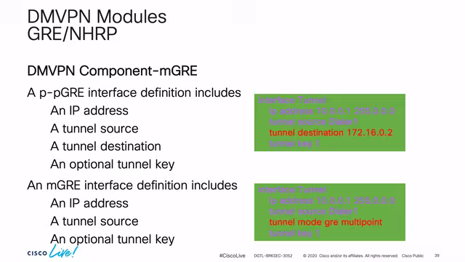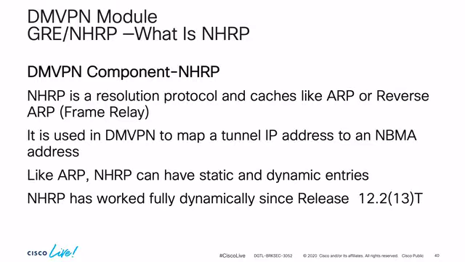So let's look at the second component of the specific module, which is NHRP. NHRP was an existing protocol. It is not something which was invented or developed for DMVPN, but it was an existing protocol which we have actually used within DMVPN. So what is NHRP? NHRP is very similar to ARP.